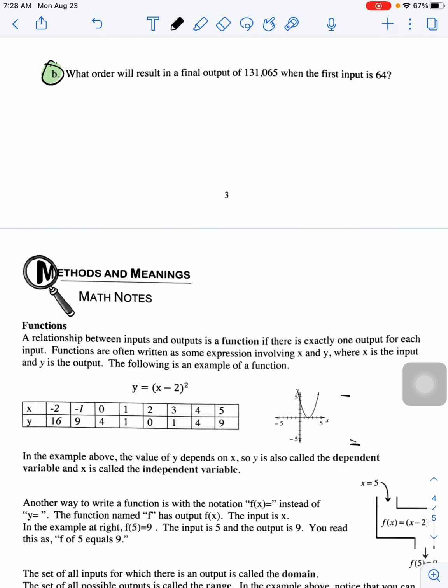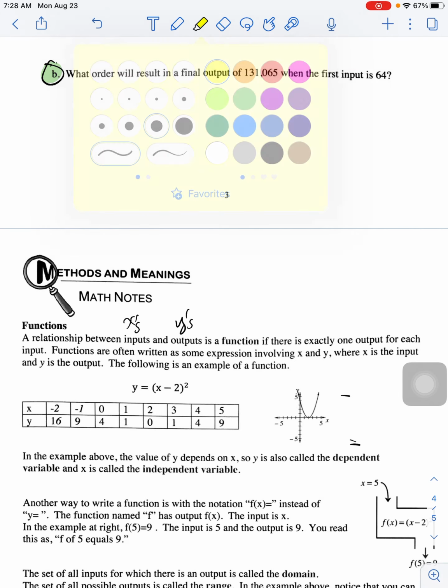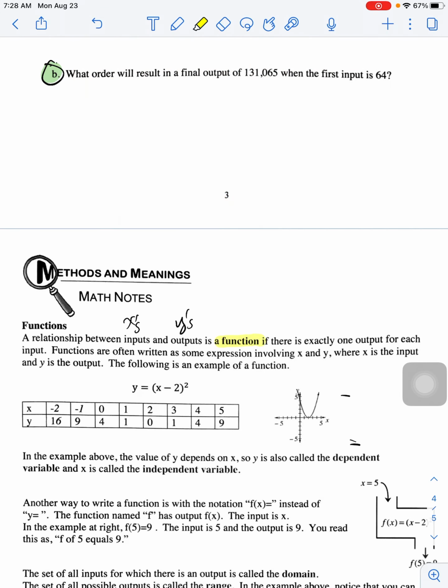So methods and meanings, math notes, functions, relationship between inputs and outputs. Now you have to remember that your inputs are your x's and the outputs are your y's. So a relationship between inputs and outputs is a function if there's exactly one output for each input.